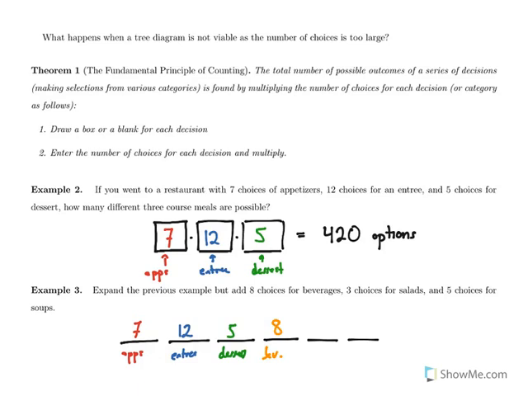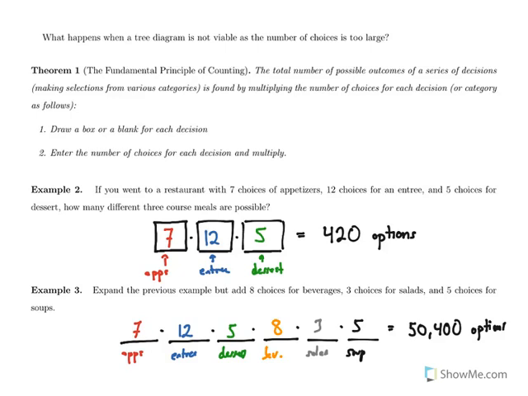We have 8. 3 choices for a salad. And 5 choices for a soup. And we're going to take these numbers and multiply them together to get us a total answer of 50,400 options, or different 5-course meals with a beverage included.